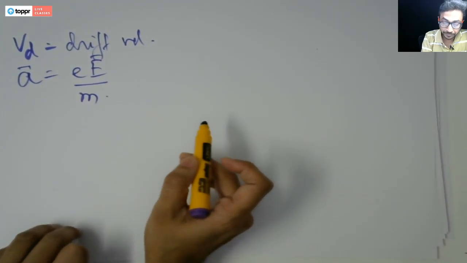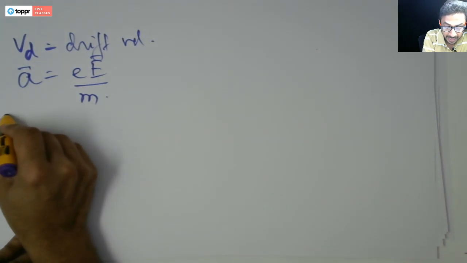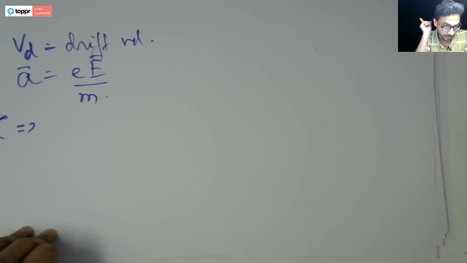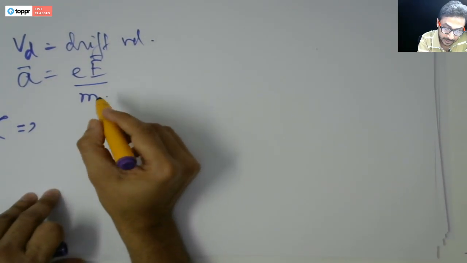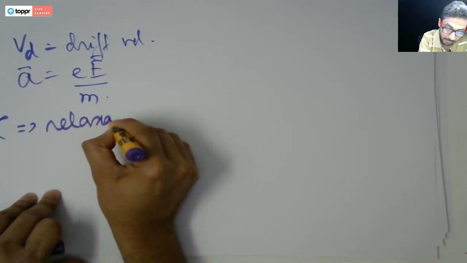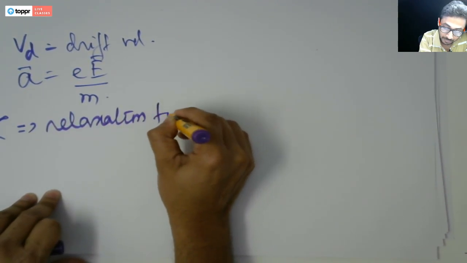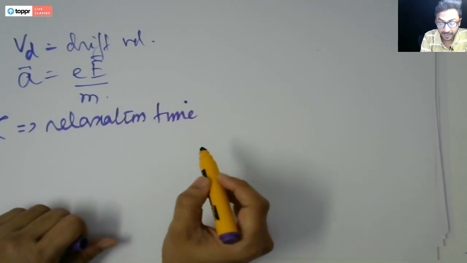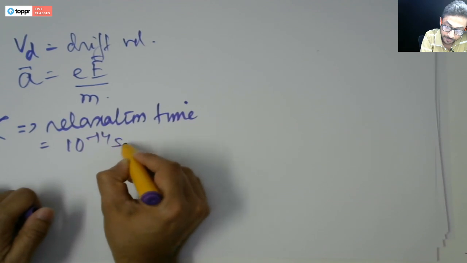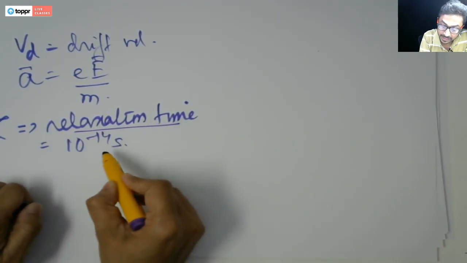Now we define a constant which is called the relaxation time. Its order is 10 to the power minus 14 second. What is this?